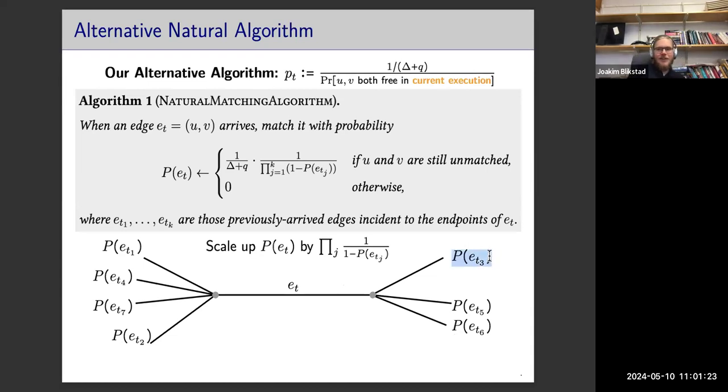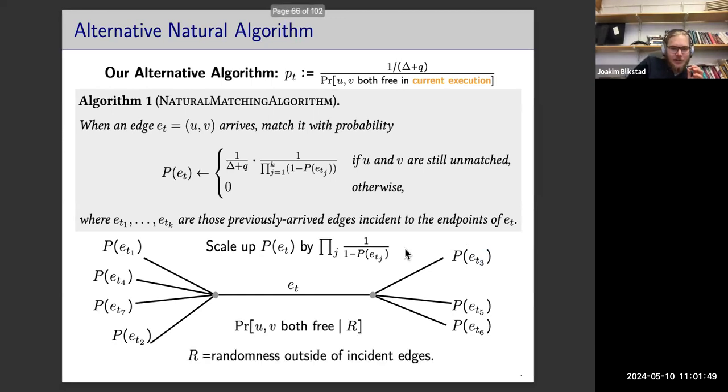These values depend on the run of the algorithm and whether things got matched or not. Maybe some of them are set to 0 because something out here got matched. So we use those current values, actually used in the execution path of the algorithm, in our scale-up factor. I will make an example soon to make it more clear.